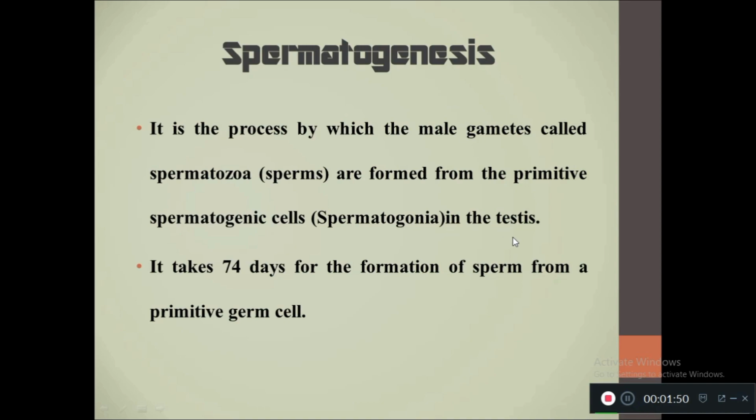It takes 74 days for the formation of a sperm from the primitive germ cell. So for 74 days the process goes on for the complete development of sperm.